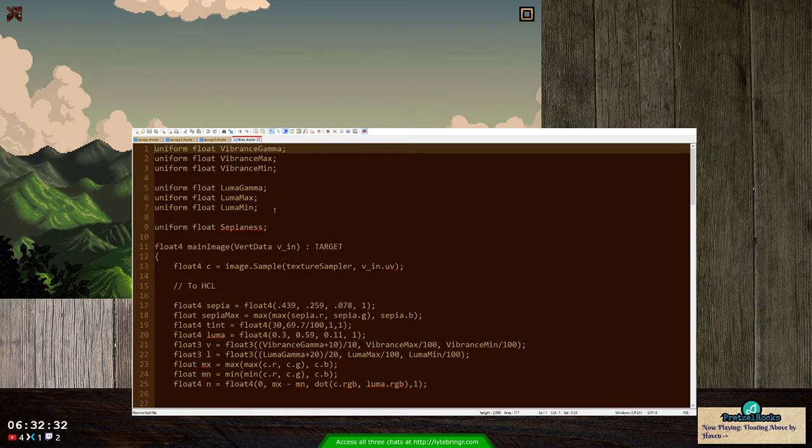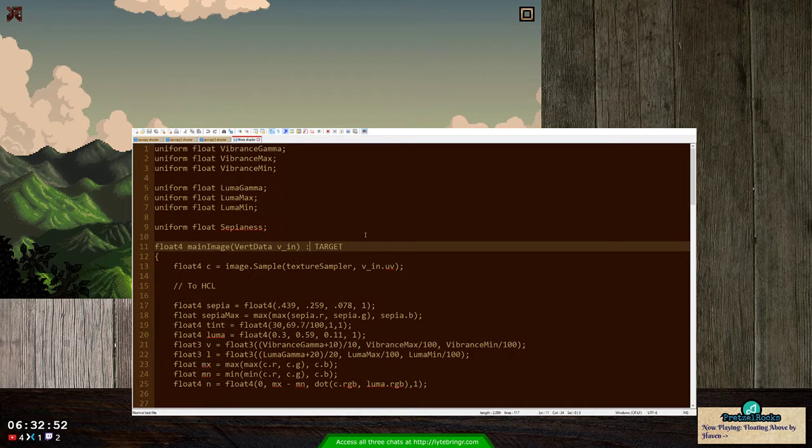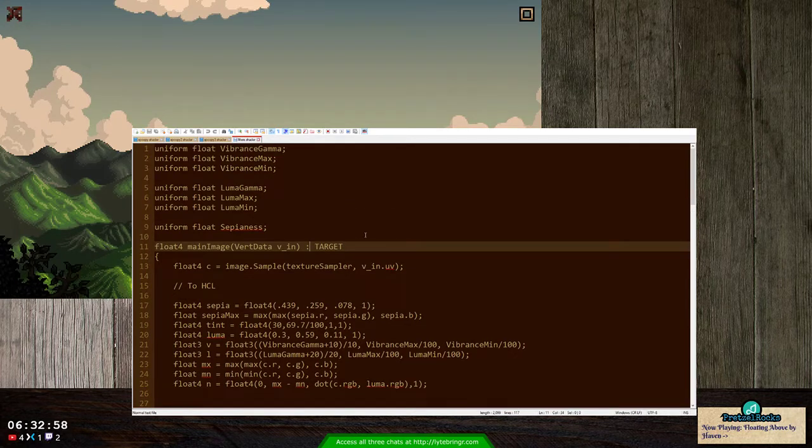Okie dokes. So, here at the top we have our uniforms. These are the things that we can change in OBS itself to modify how things look. Then we've got our main image function, which is the target. We get V in from it. And so that lets us do what we need to do.